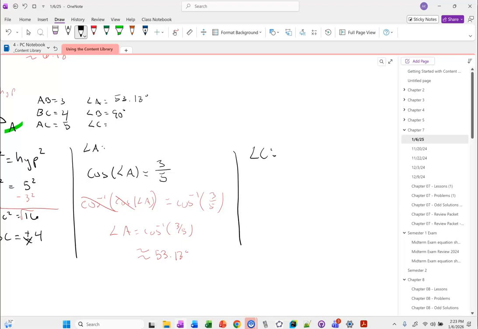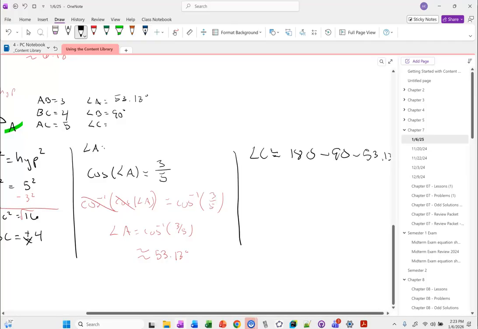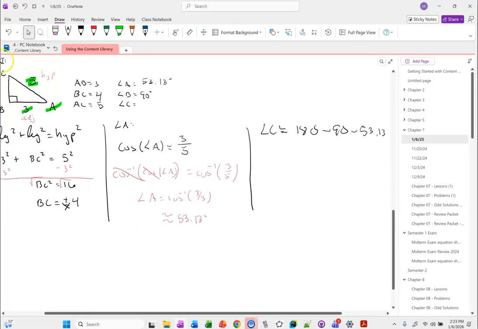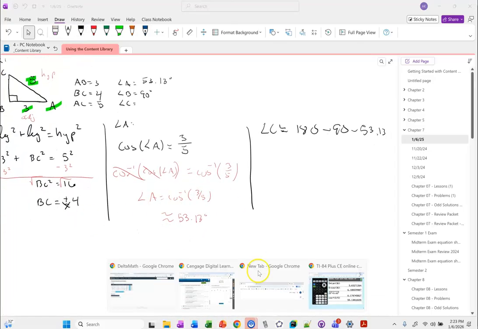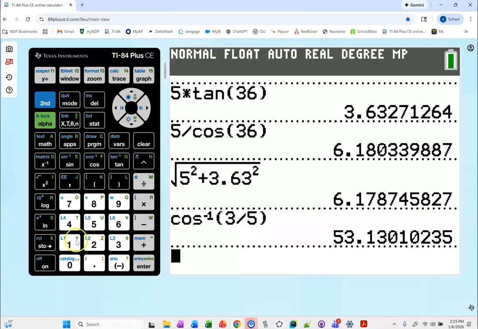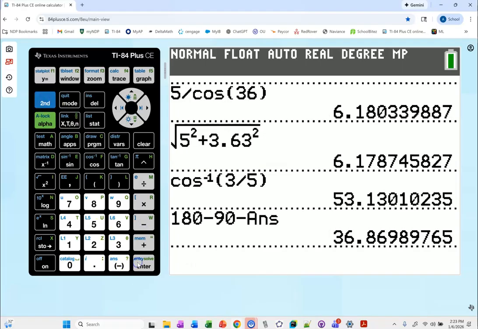Could we just do 180 minus 90? Yeah, that's the way to go. That's the easy way, right? 180 minus 90 minus 53.13. So that's going to give me 36.87.